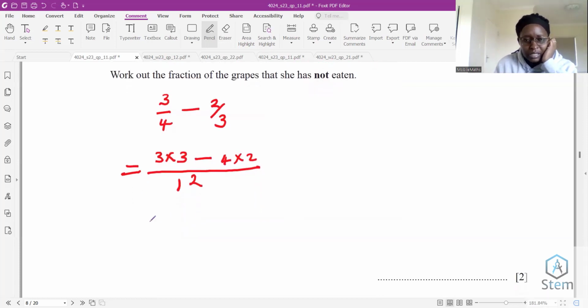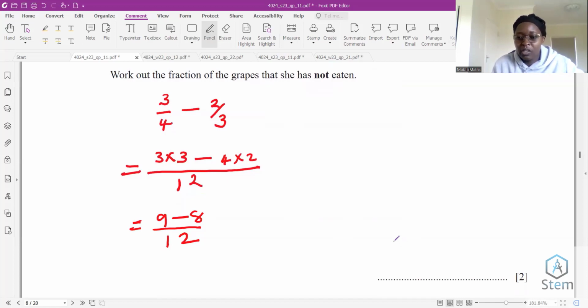We get 3 times 3, that's a 9, minus an 8 over a 12. So the fraction of the grapes that have not been eaten is going to be 9 minus 8, that's a 1. So we are going to get ourselves a 1 over a 12. That's the fraction that has not been eaten.